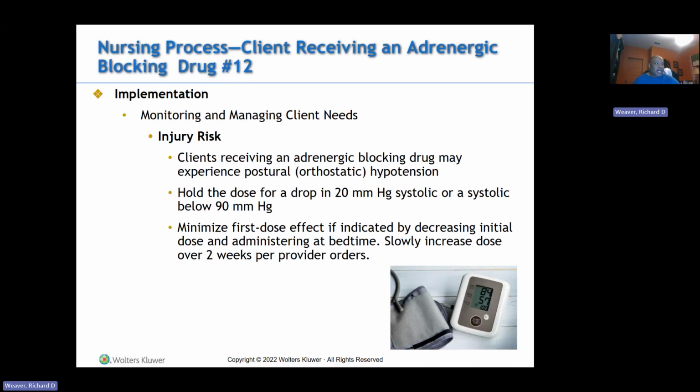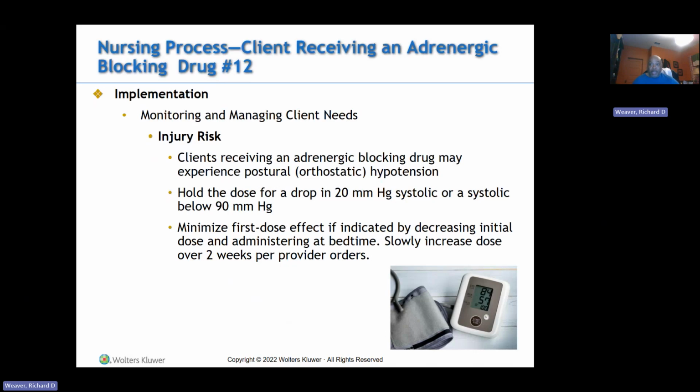Now, where it talks about minimizing the first dose effect, if indicated, by decreasing the initial dose and administering at bedtime: the physician may give a lower dose and want it administered at bedtime when the person will be lying down anyway. I guess the only problem would be if the patient gets up to go to the bathroom. But typically, the patient might sleep all night and let the medication do its job without them getting up and falling.